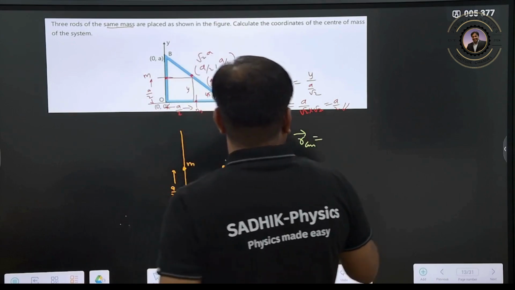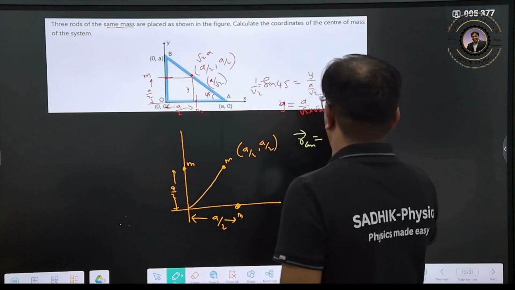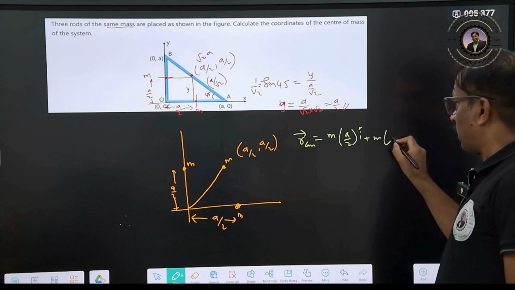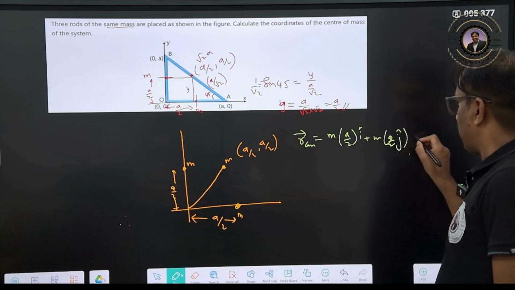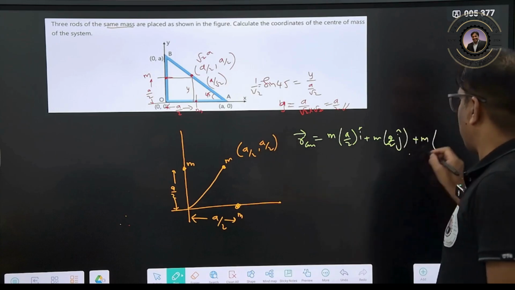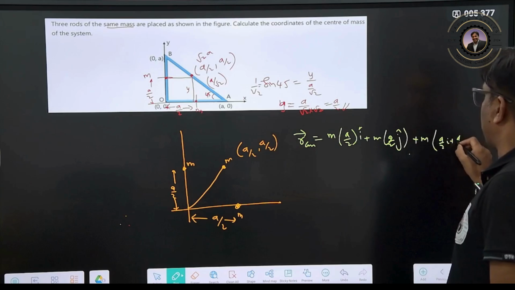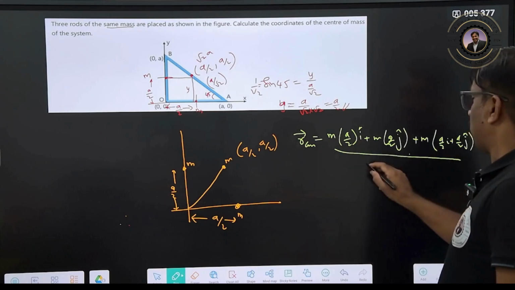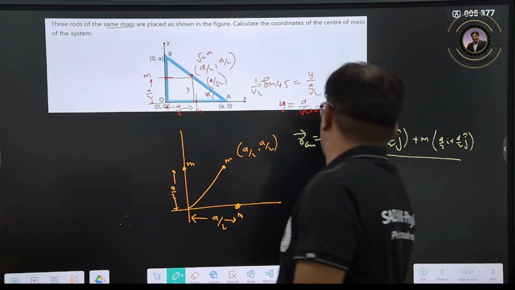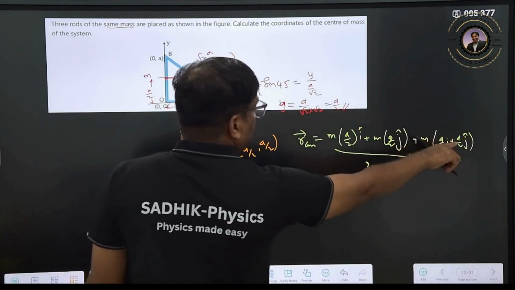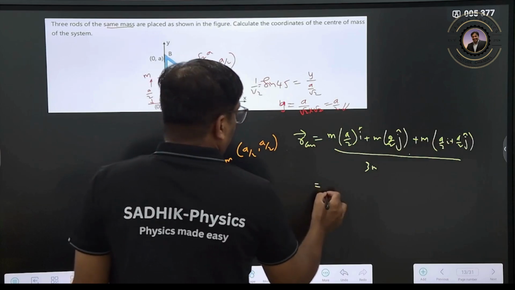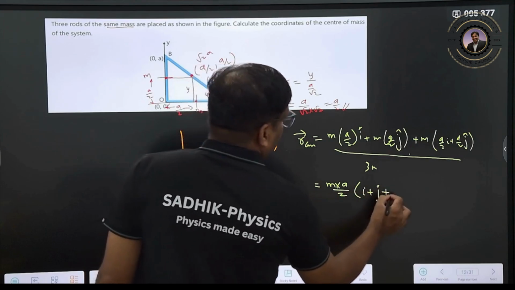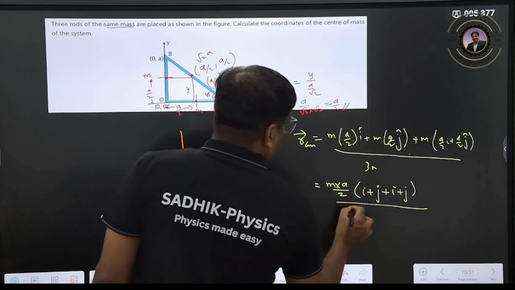How much will it be? M into A by 2 i cap plus M into A by 2 j cap plus M into A by 2 i plus A by 2 j, divided by the total mass, 3M. All the A by 2 terms you can take out: M into A by 2 into i plus j, divided by 3M.